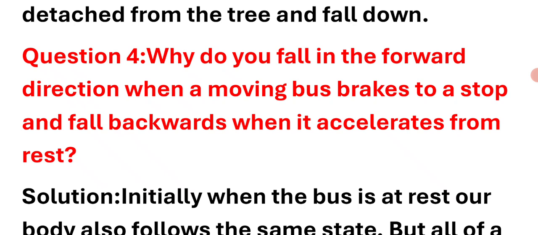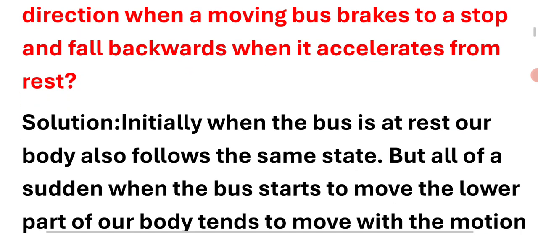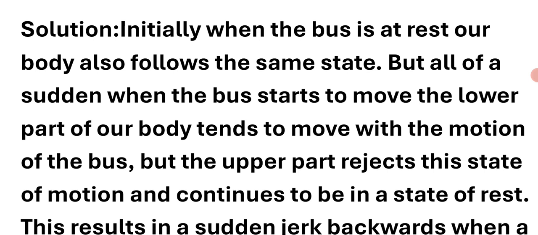Question number 4. Why do we fall in the forward direction when a moving bus brakes to a stop and fall backwards when it accelerates from rest? Right answer. Initially, when the bus is at rest, our body also is in the same state.